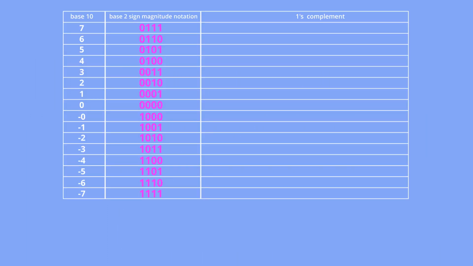Let's write out all the binary numbers of 4 bits 1's complement representation. Please pay attention that in 1's complement we have 2 zeros, positive 0 and negative 0. Positive 0 is 0, 0, 0, 0. After inverting all bits, we obtain negative 0, which equals 1, 1, 1, 1. 1 is 0, 0, 0, 1.